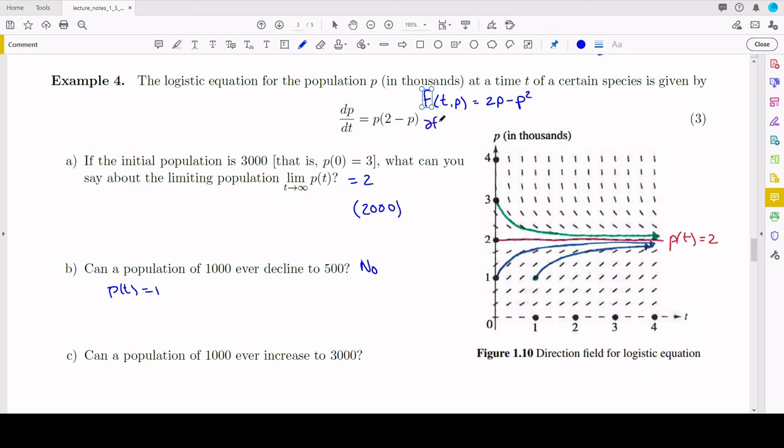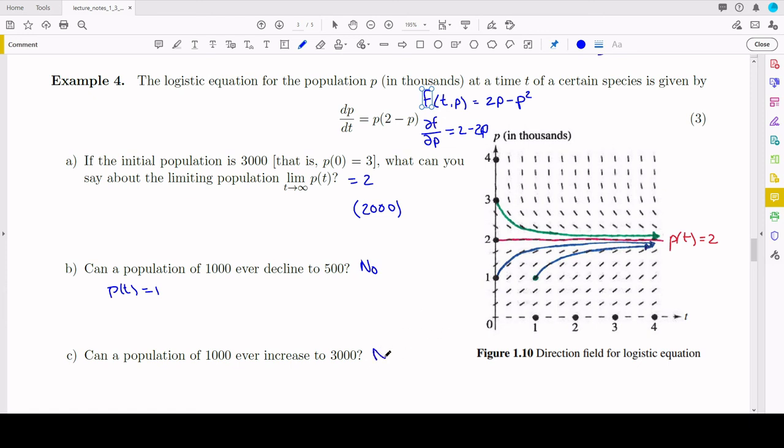And then if we take df dP, instead of df dy, that's 2 minus 2P. These functions are both continuous on the entire tP plane, or the xy plane, and so there's a unique solution.